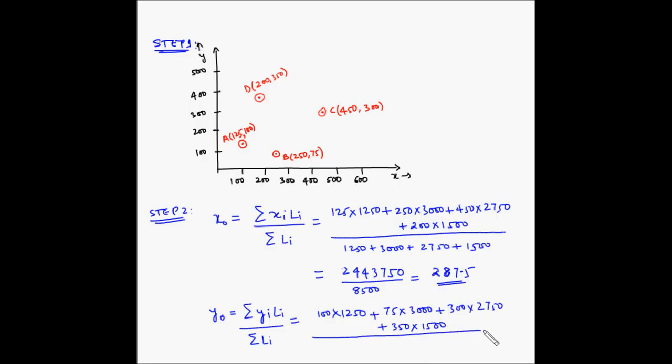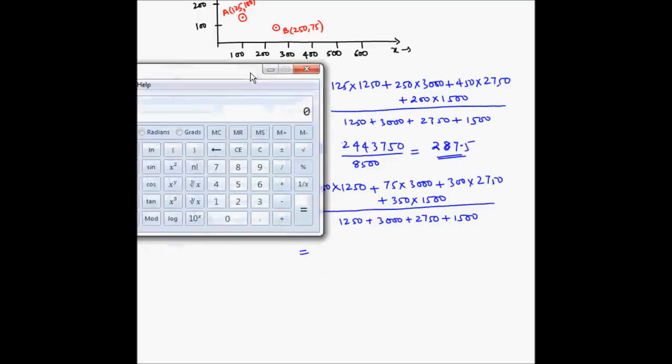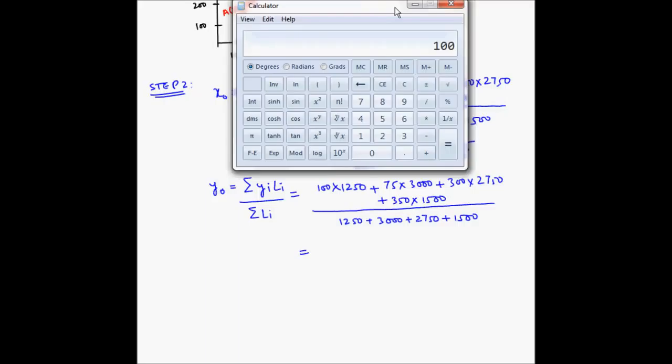And this whole divided by the sum of the loads, which is 1250 plus 3000 plus 2750 plus 1500. So let me again pull my calculator. 100 multiplied by 1250 plus 75 multiplied by 3000 plus 300 multiplied by 2750 plus 350 multiplied by 1500.